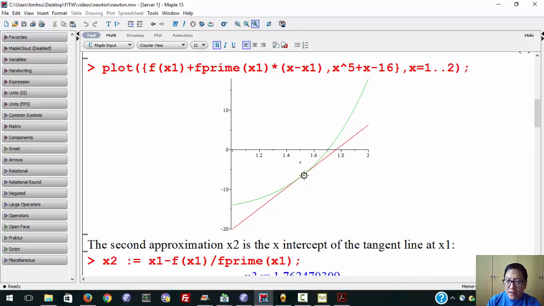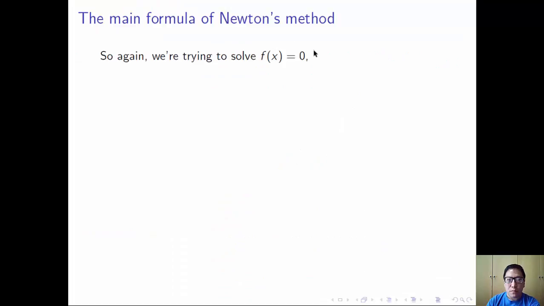Because the tangent line itself is close to the actual graph, the place where the tangent line intersects the x-axis is close to where the actual graph intersects the x-axis, and so we might hope that this is going to be some approximation of what we want, a solution to f of x equals 0.